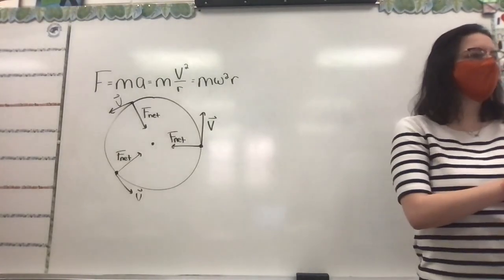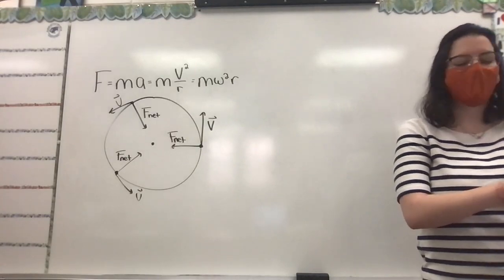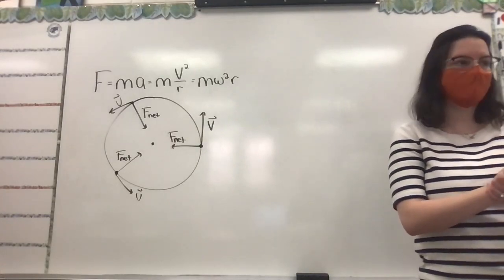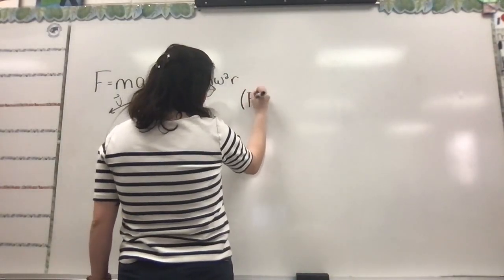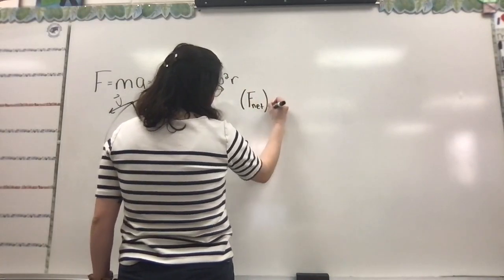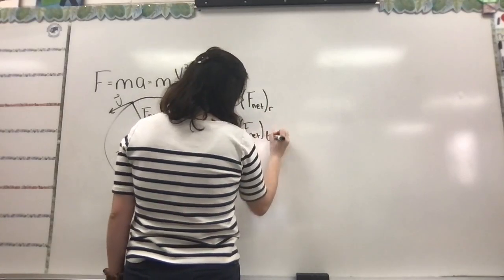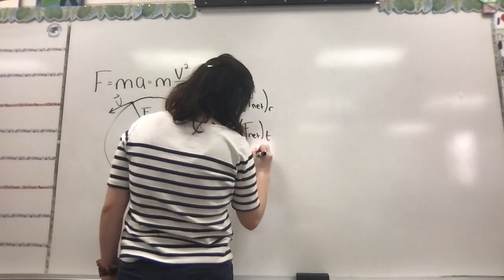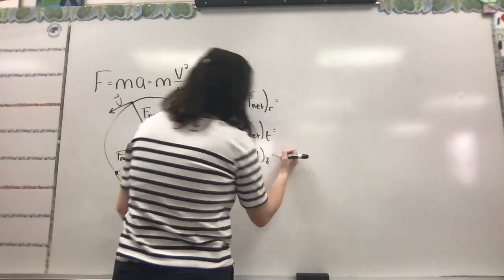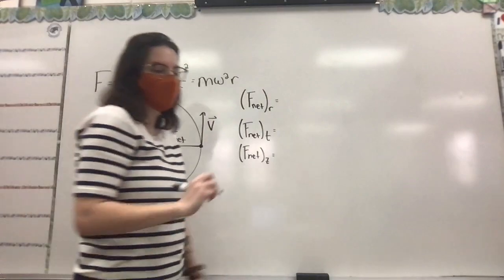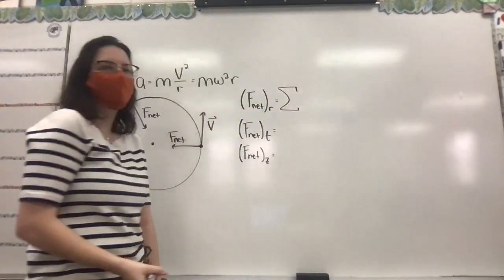So, you know how we listed out all of the velocities and accelerations in all three planes? Now we're going to do the same thing for forces, just so we can have a visual. So we're going to have the net force in the R, the net force in the T, and the net force in the Z. Remember, when we do net force, we use our little fancy summation signs.